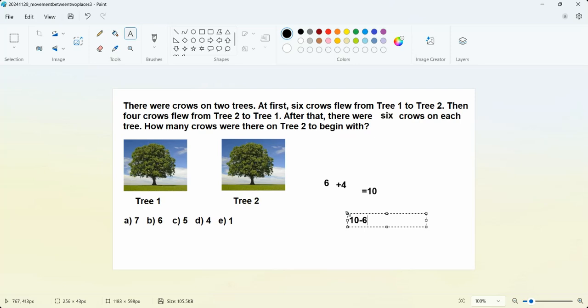So we are subtracting those six new crows that came in, and that will give us four. So this is a two-step process. First we add back the four who left, and then we subtract the six who came in. So our answer is: originally there were four crows on tree 2.